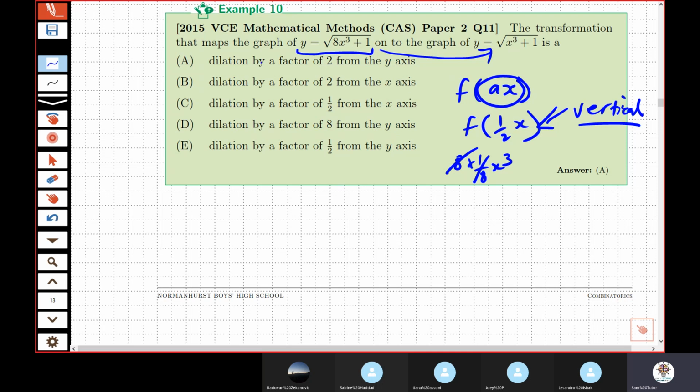So it's actually a dilation by a factor of 2, which means this is wrong, this is wrong, this is wrong. Now, is it from the y-axis or from the x-axis? Vertical from the y-axis. Yeah, the x values are changing, but the y values are.